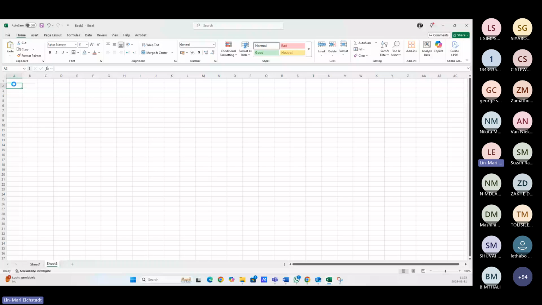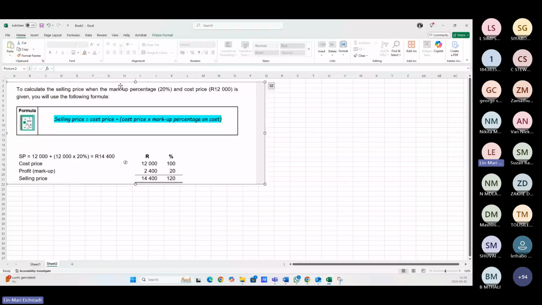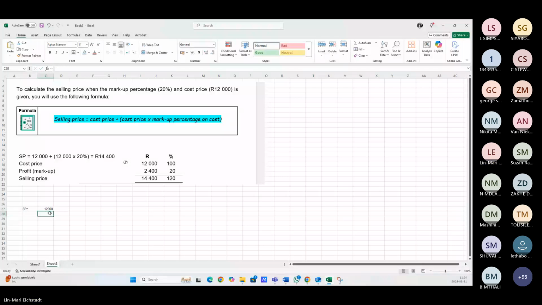And our formula, as they said, is our selling price equals our cost price. And what is our cost price? It's the 12,000. Right, so our cost price is 12,000. And then we have to add our cost price times the markup percentage. So what is our cost price? It's the 12,000 times the markup percentage, which is the 20%.